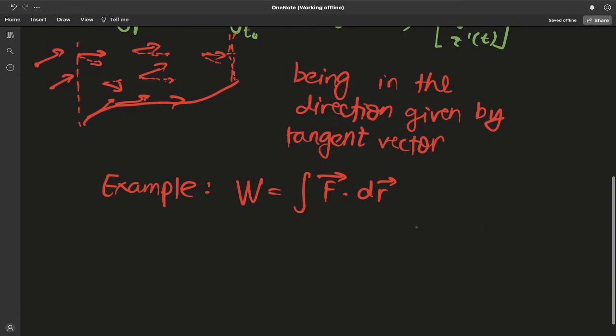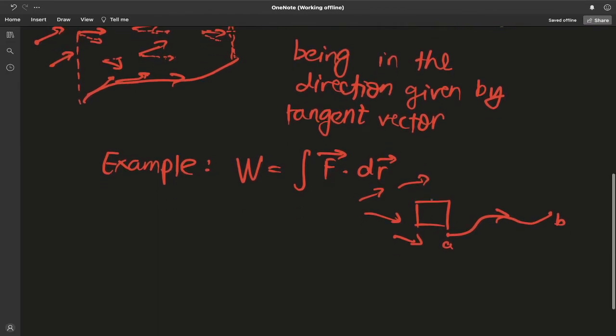So assuming you have some object and you're moving it in some path, and this object is under the influence of this force field or whatever. So the work done from moving from this point A to point B along this path in this direction is given by this, where we have to select the right parameterization, of course.